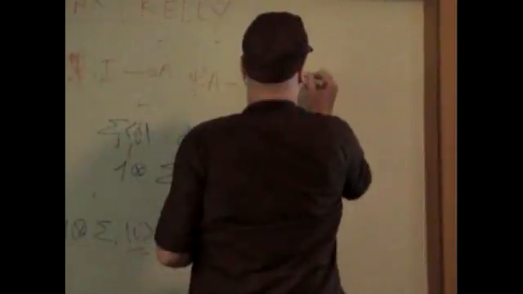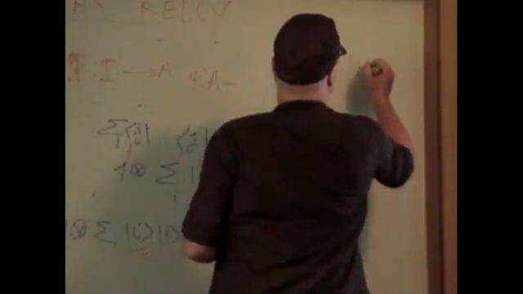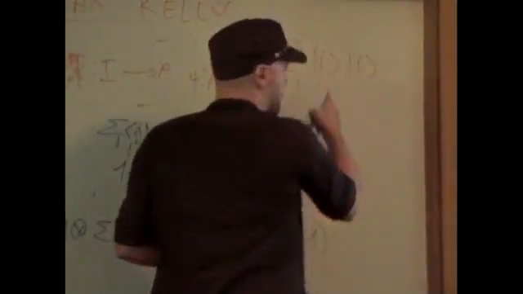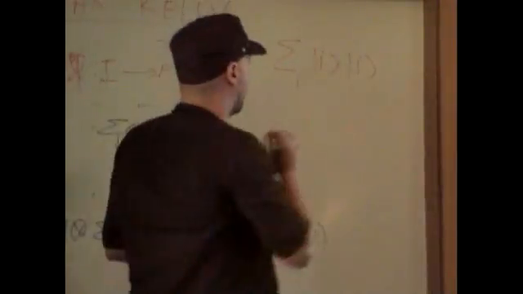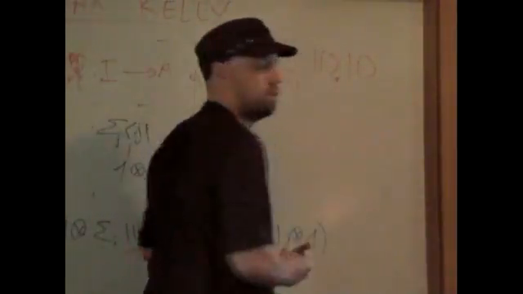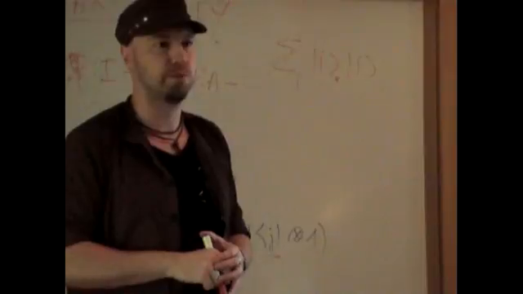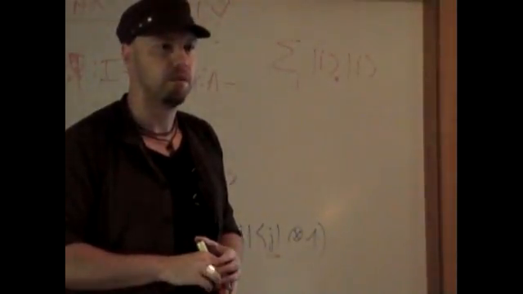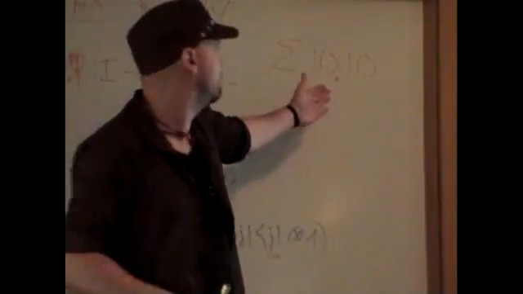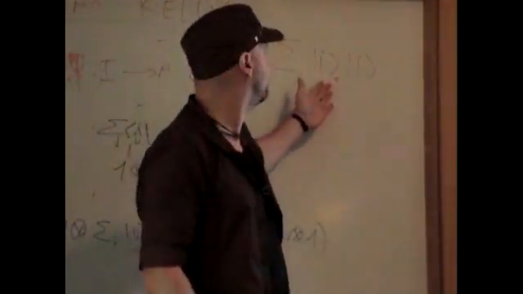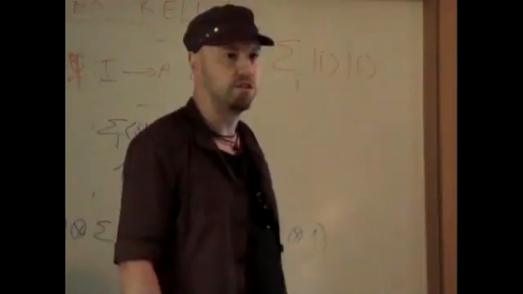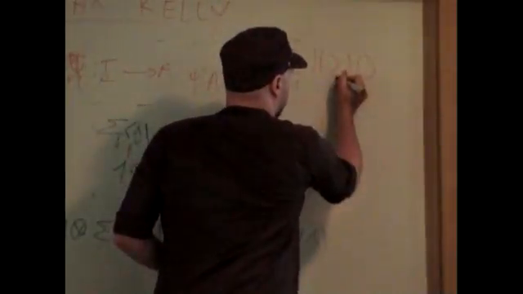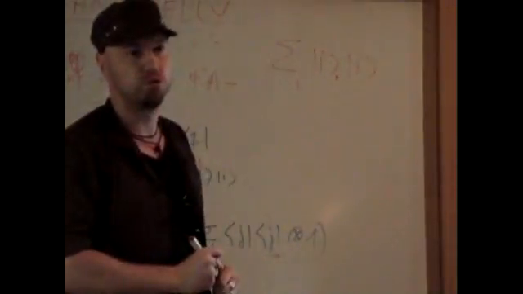This thing depends on the choice of basis, provided I put this here. Now it doesn't depend on the choice of basis anymore. Why? Oh, you can check this. This is something you have to check mathematically. Does this thing depend on choice of basis? This does. If you do this, you can check it. It doesn't depend on choice of basis anymore.